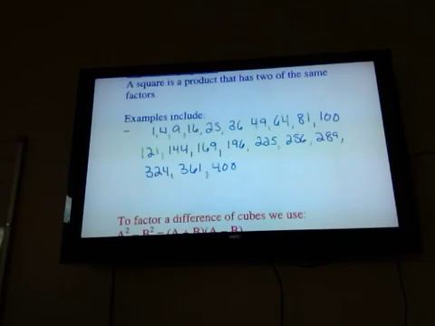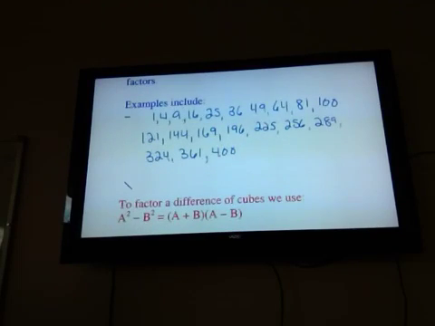But we also have variables. By its name, x squared is a square: x times x. X to the fourth is a square: x squared times x squared. X to the sixth is a square: x to the third times x to the third.